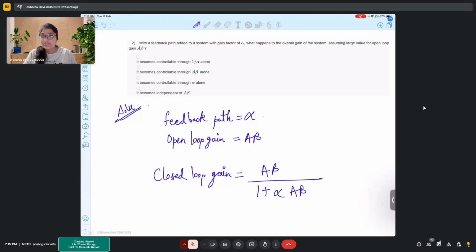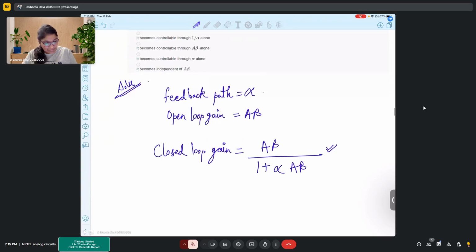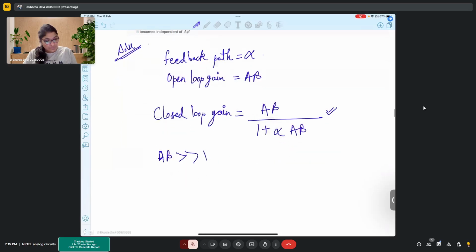Is this clear? This is something very fundamental, right? We all know. Now it is given that A beta is much larger than 1. It's very large. So since A beta is much larger, 1 by A beta tends to 0.